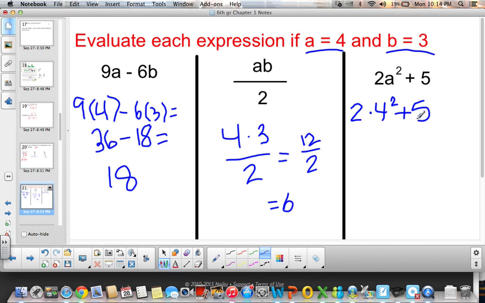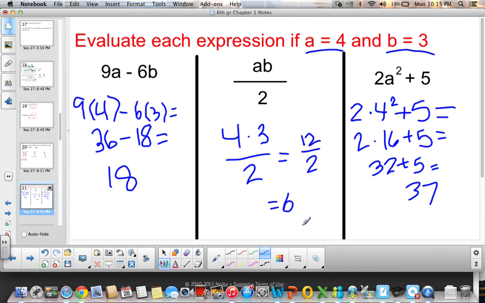So notice how I rewrite it just like it is, except I put in my numbers, or my values for my variables. So I do exponents first. 4 squared is 16. So 2 times 16 plus 5. So we have 2 times 16 is 32 plus 5. 32 plus 5 equals 37.